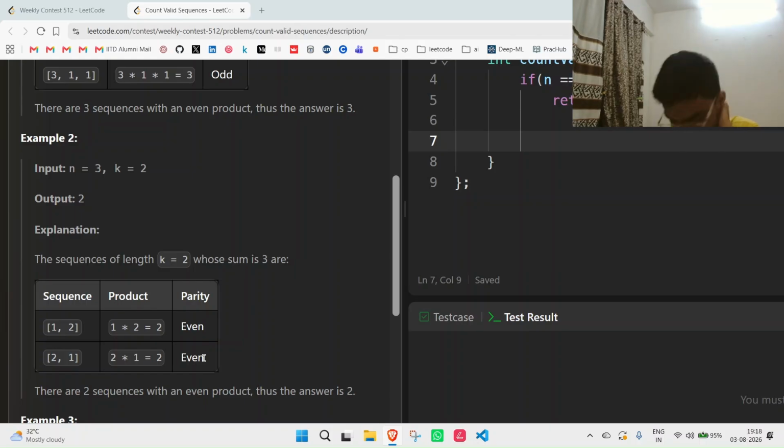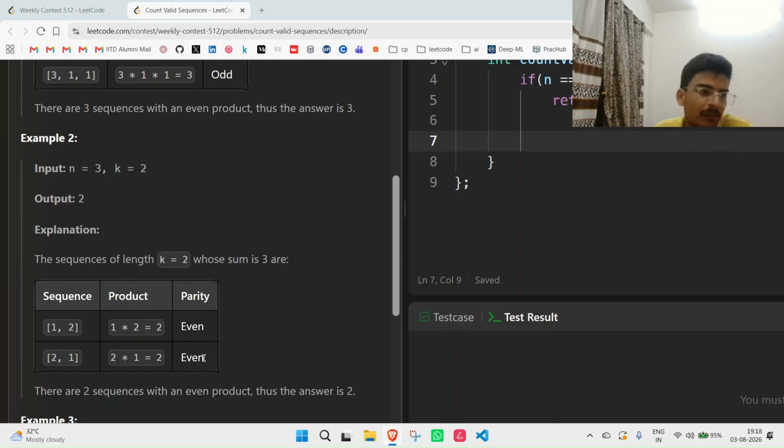Number of sequences which have a sum of n can be built using dynamic programming.